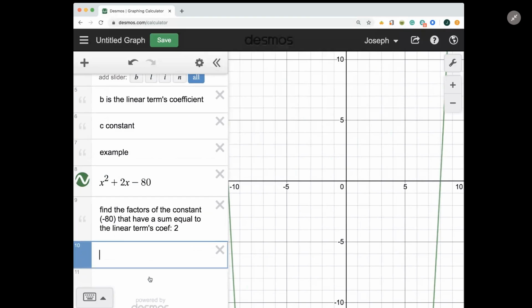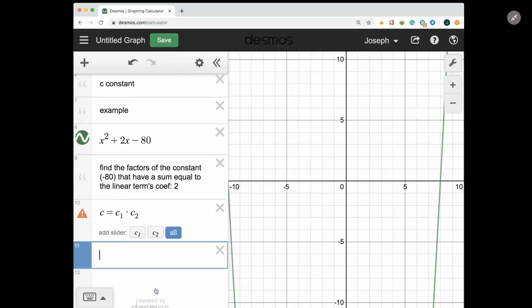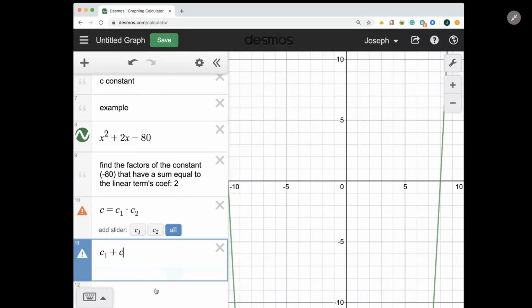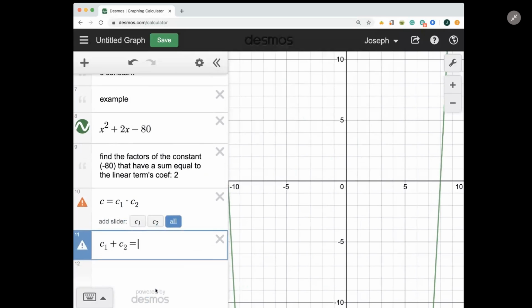Okay, so we're going to break up negative 80 into two factors, and we're going to add those two factors so that they equal our linear term's coefficient, b.